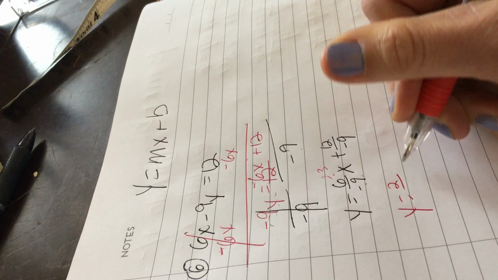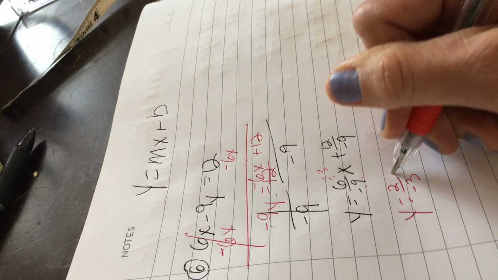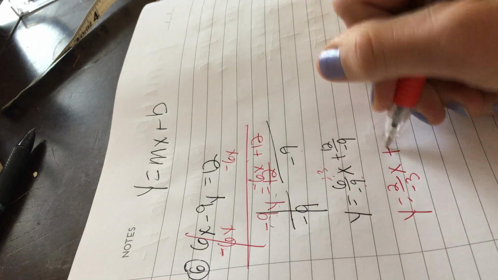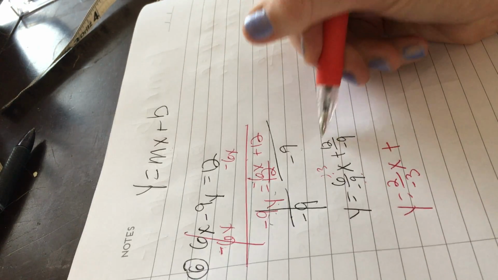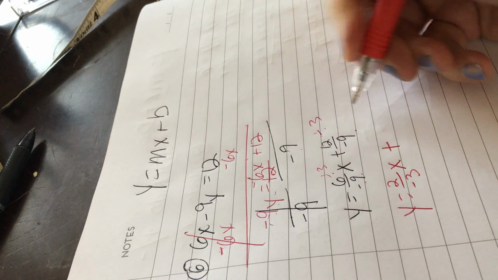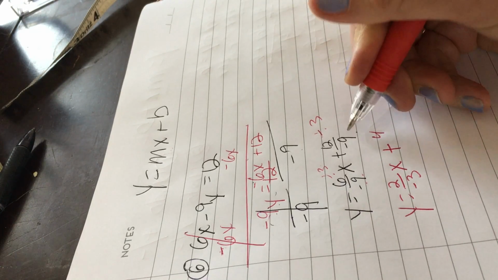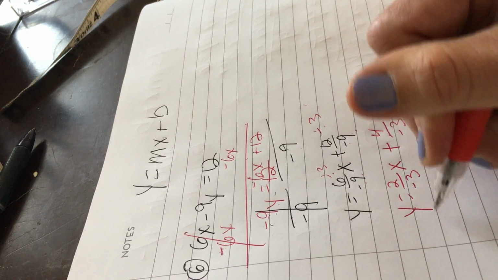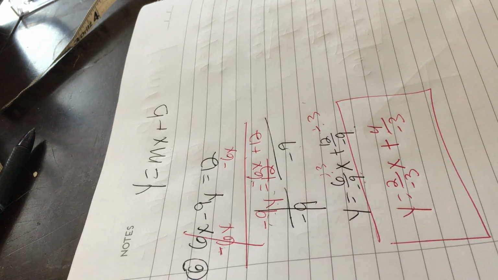Negative 9 divided by 3 is negative 3. So I have 2 over negative 3x plus, oh look, I can divide 12 by 3 and 9 by 3. So 12 divided by 3 is 4. Negative 9 divided by 3 is negative 3. Bam, you're done.